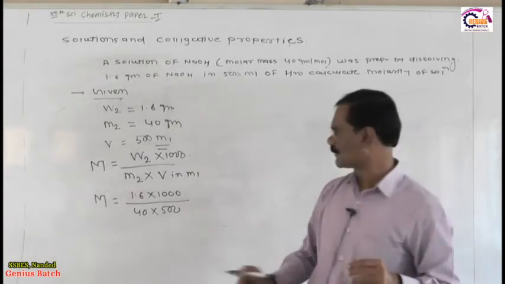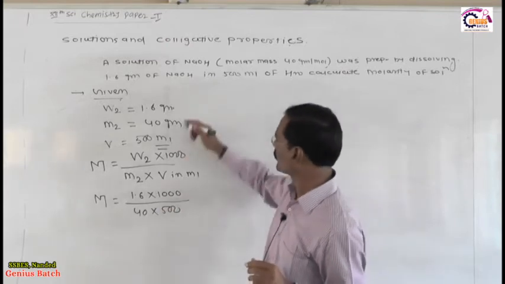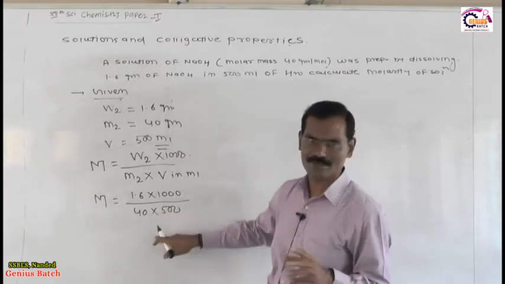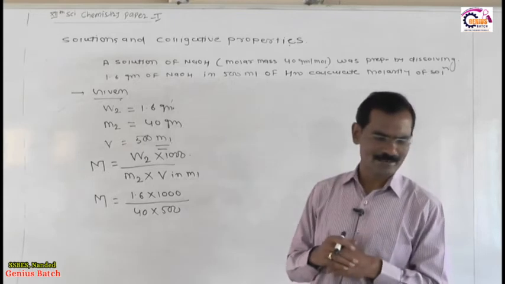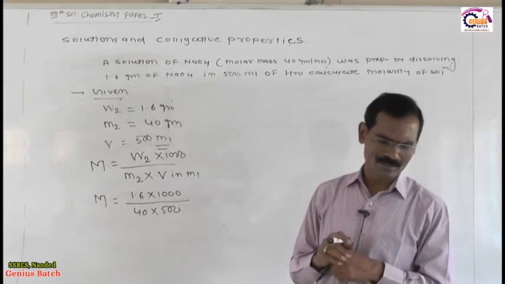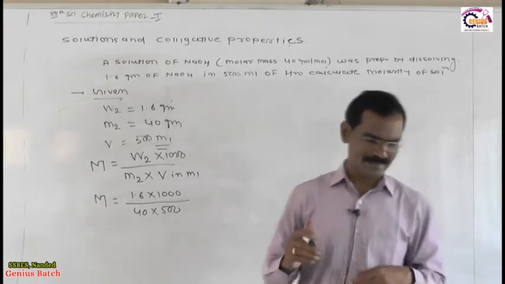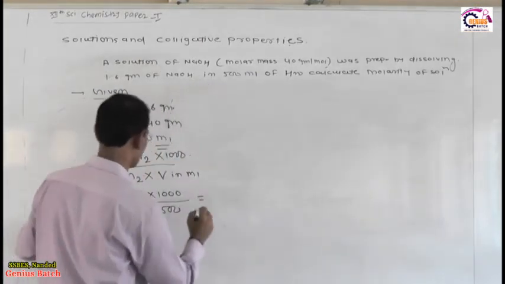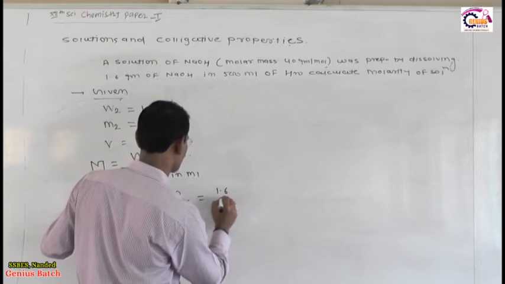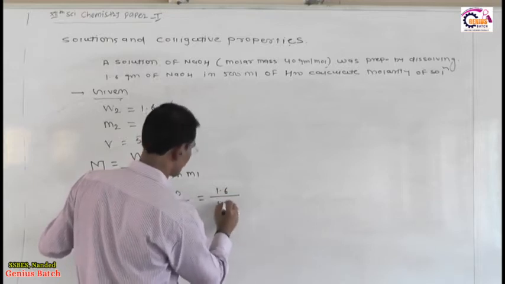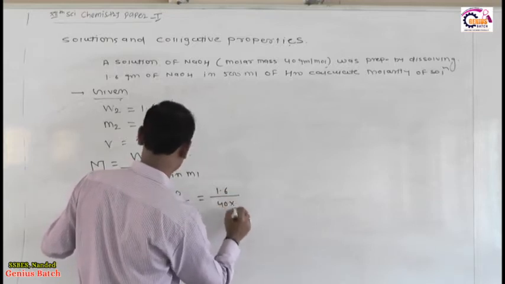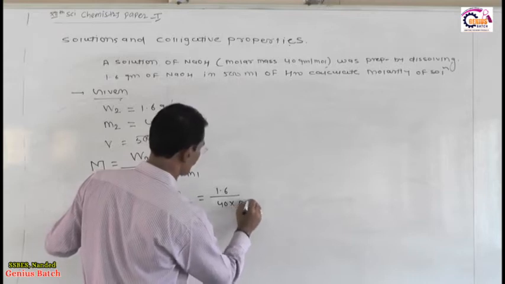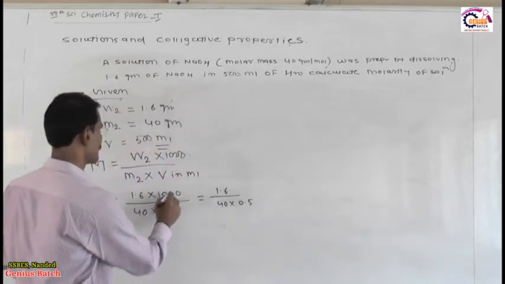The calculation becomes very simple, because the unit of both is in gram, so the unit is 100% cancelled. Finally 1.6 into 10 raised to minus 3, so this becomes 1.6 divided by 40 into 0.5, because these two get cancelled.